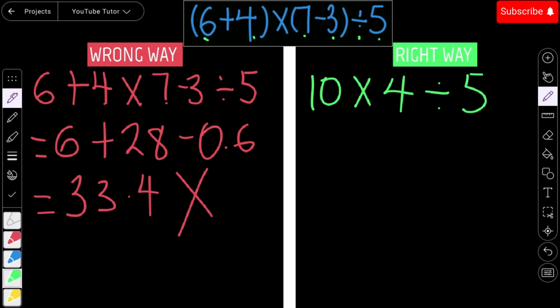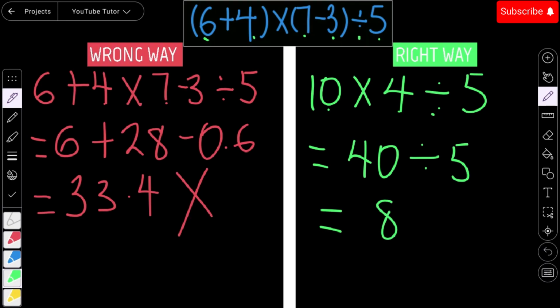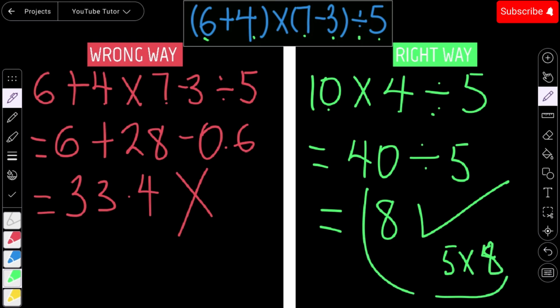So 10 times 4 gives us 40. 40 divided by 5 is what we get. And now 40 divided by 5 is nothing else but 8. And that is the correct way, because 5 times 8 ends up giving us 40.